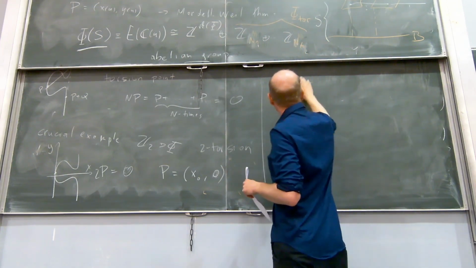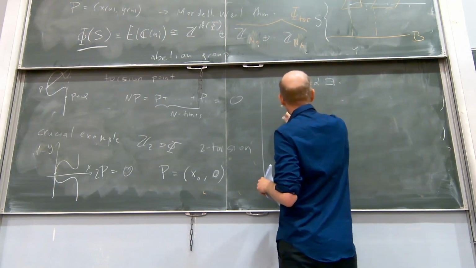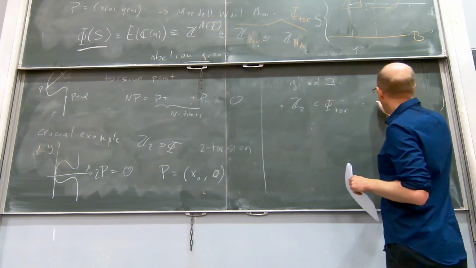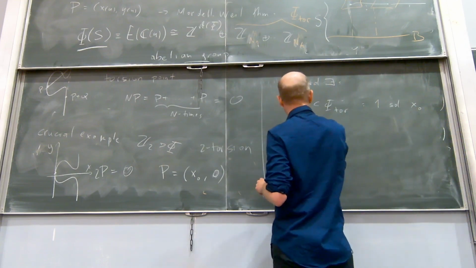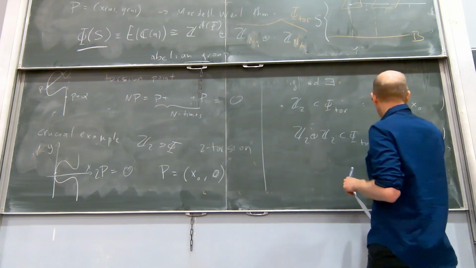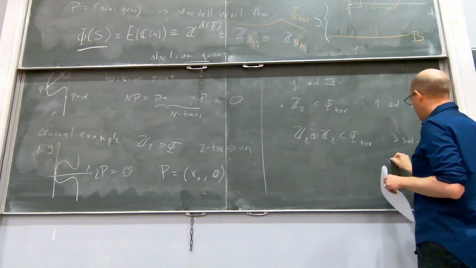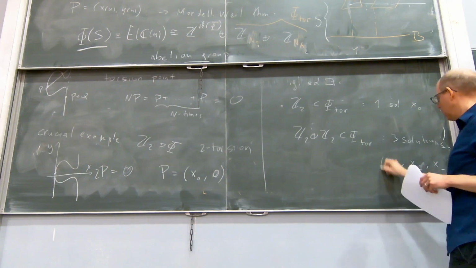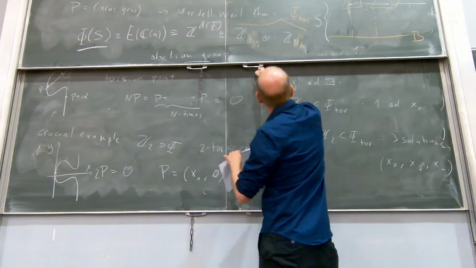So if solutions exist, we either have a Z2 torsion part, meaning one solution, which I call x0, or you can have Z2 plus Z2, meaning three solutions, which I will call x0, x plus and x minus.